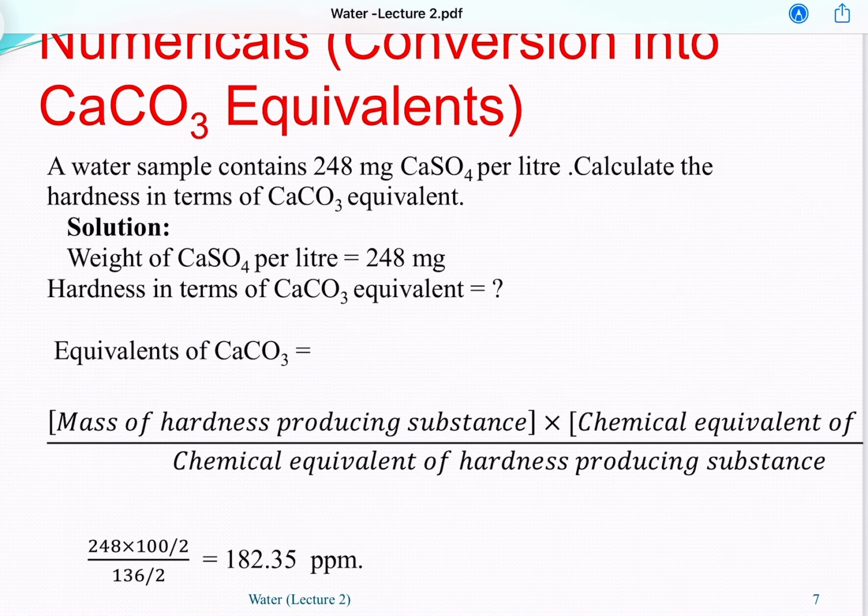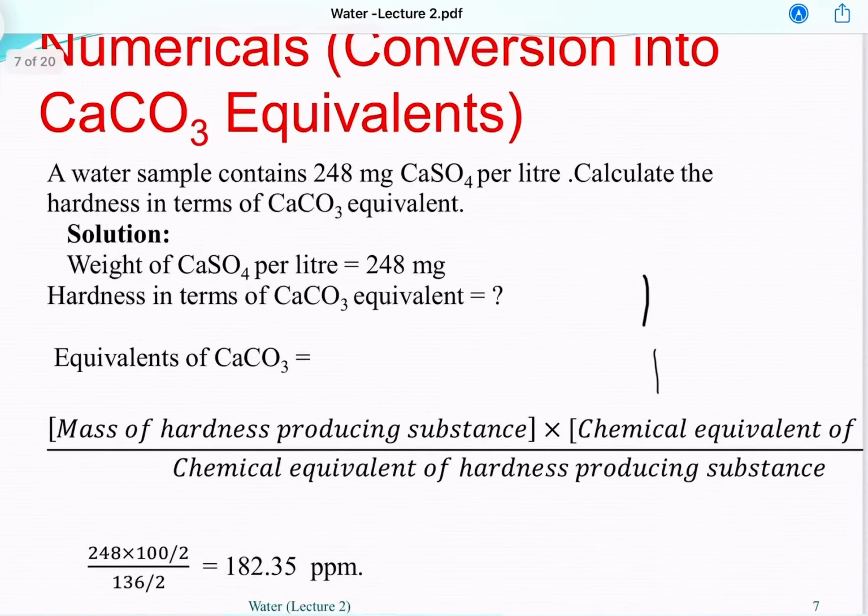of CaCO3. Now you can see the numericals for the conversion. Here is the first numerical. A water sample contains 248 milligram calcium sulfate per liter. Calculate the hardness in terms of calcium carbonate equivalents.